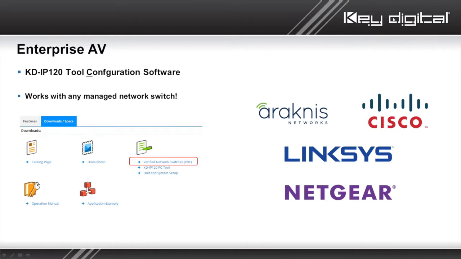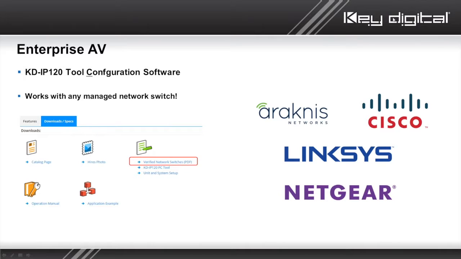That'll bring us to the next C, configuration. See, KeyDigital is not the only player, as I've alluded to the competition a few times now. We're not the only player in the HD over IP world, okay? There are other competitors out there, and what we've heard in our R&D before releasing this product is that their configuration is not very friendly.